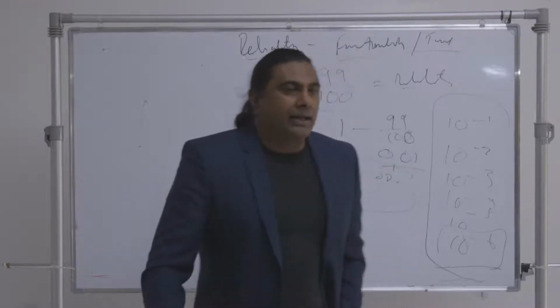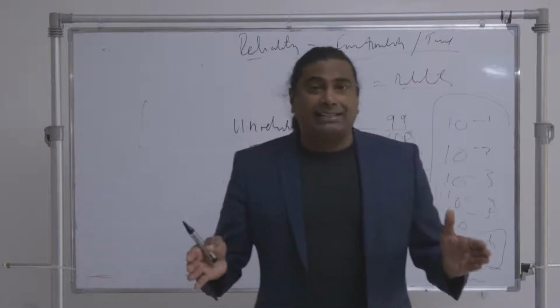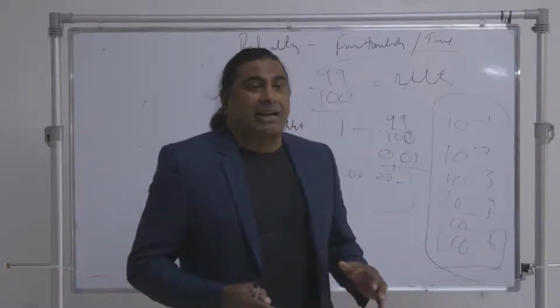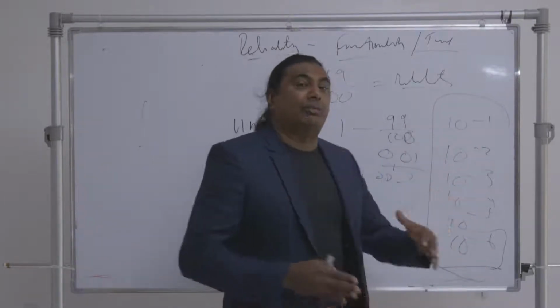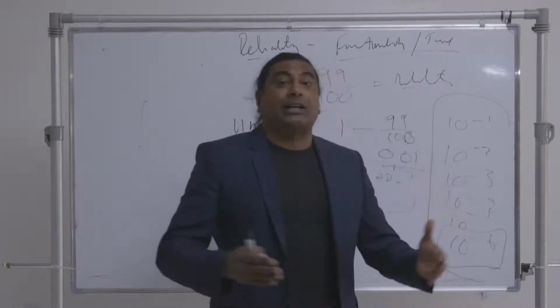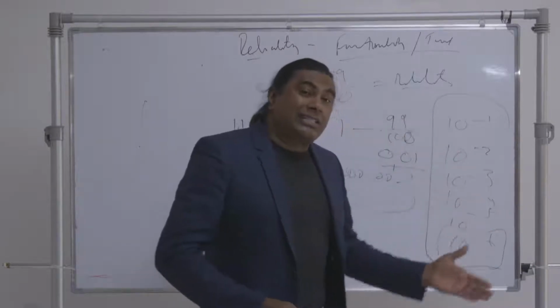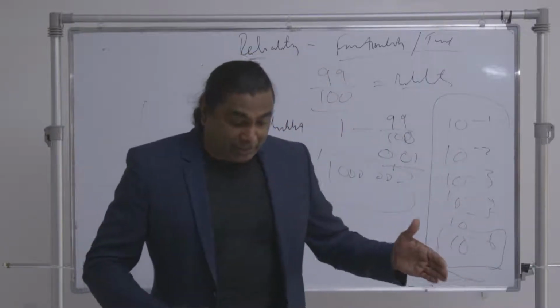So that's the average. In healthcare, I said that there are some things that we operate at 10 to the minus 1. There are some things we operate at 10 to the minus 2, some things 10 to the minus 3. But very rarely do we start getting into 10 to the minus 4, 5 and 6.